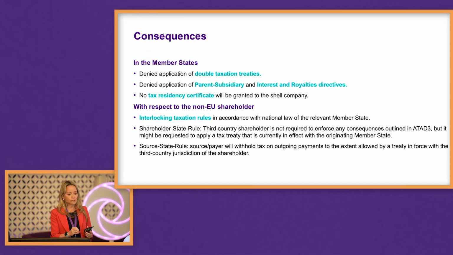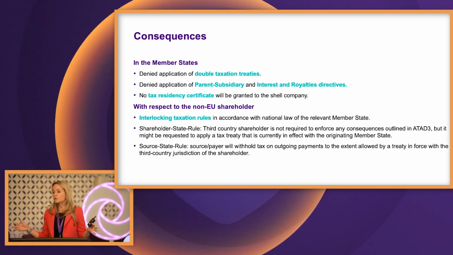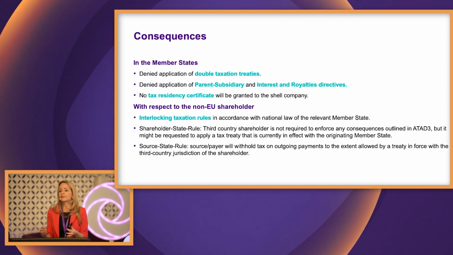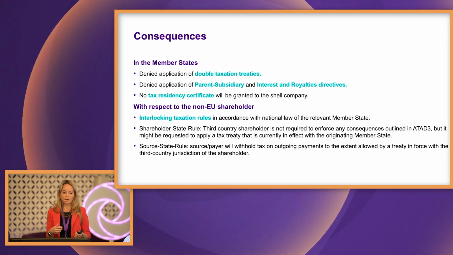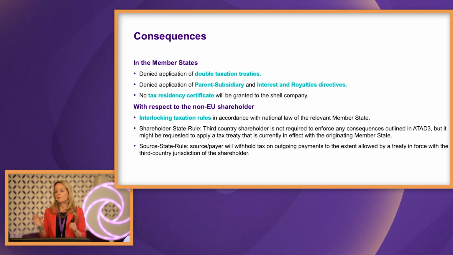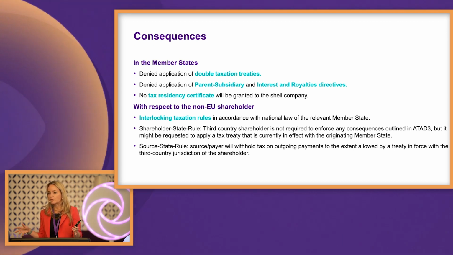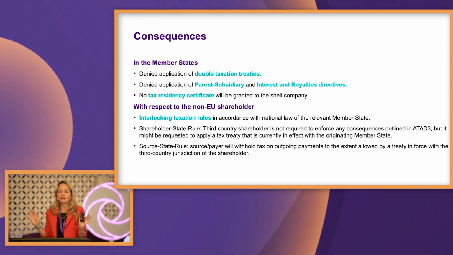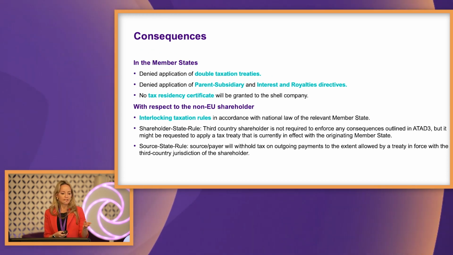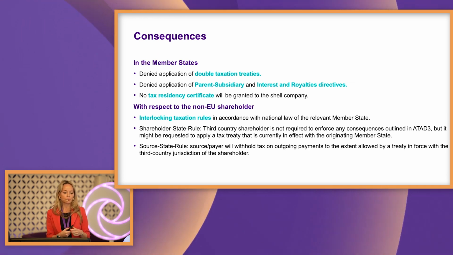And with respect to a non-EU shareholder, as we said, non-EU countries, Canada, US, they can't be held to EU law. But what the EU does ask them is to say, hey, mind you, here we have an intermediate holding company with no substance. Do whatever you want with it, but so they give an indication to the shareholder state.